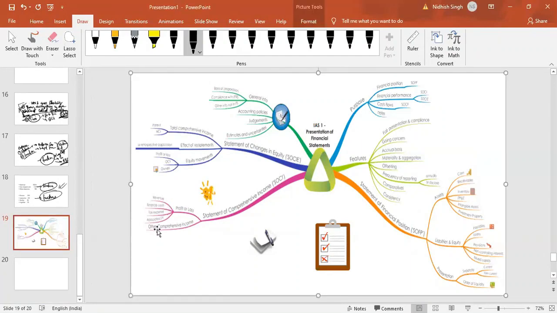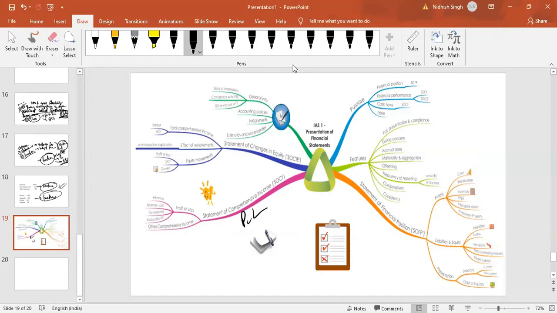So revenue, finance cost, tax expenses, how to show the statement of comprehensive income. That is your traditional P&L. This is your statement of IS. Then these are all the key concepts or key rules for IAS 1. General information, accounting policy, judgment, purpose. What is the purpose of the accounting standard?